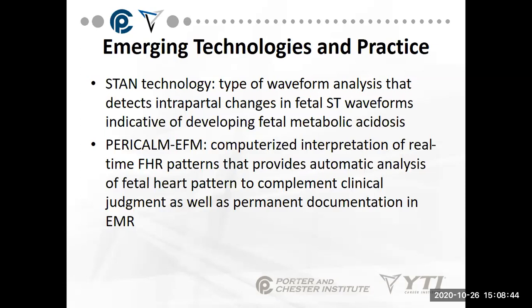And then you have the PeriCALM EFM, which is a computerized interpretation of real-time FHR, fetal heart rate patterns, that provides automatic analysis of fetal heart patterns to complement clinical judgment as well as permanent documentation in the EMR system.